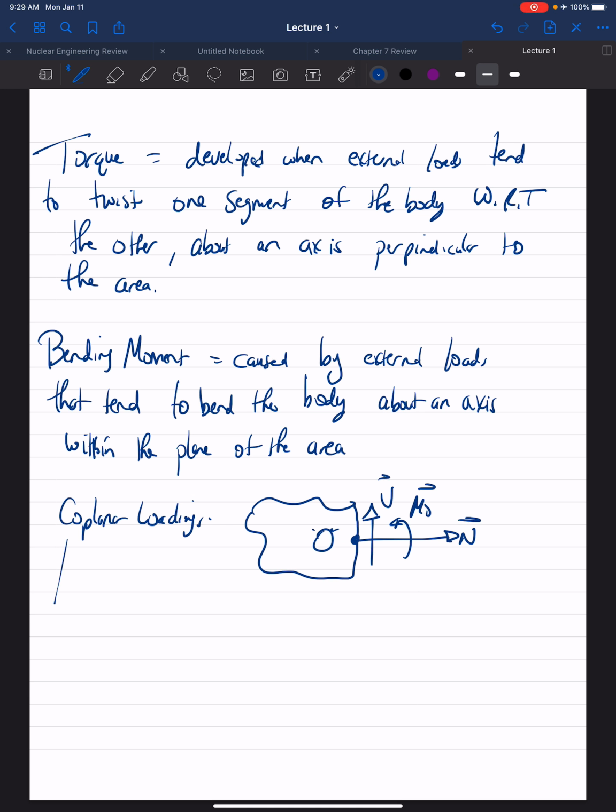So for coplanar loadings, we only have to evaluate our normal force, our shear force, and our bending moment. Simplifies it quite a bit.